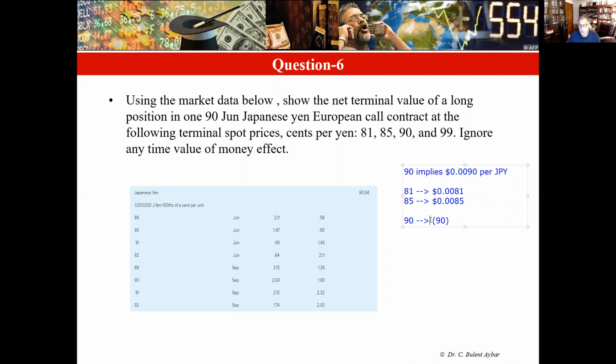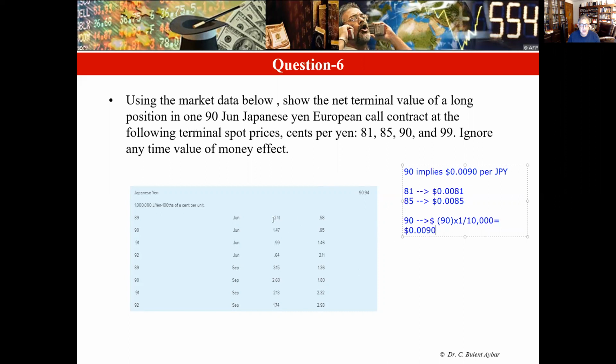In terms of dollars, this is going to be 1 over 10,000. Again, it's the same thing as $0.0090. So essentially, 90 divided by 10,000 is the exercise price.